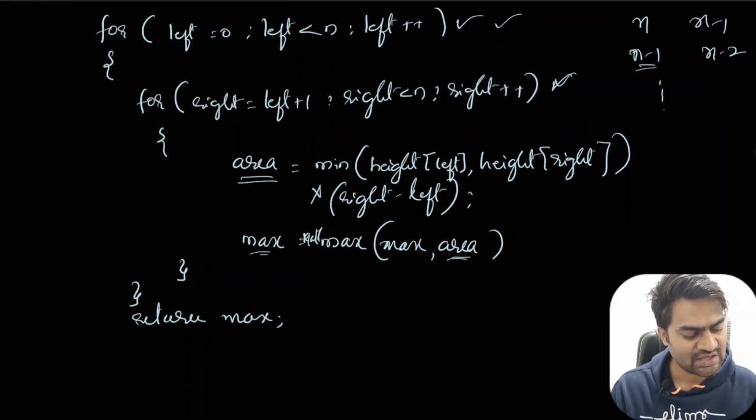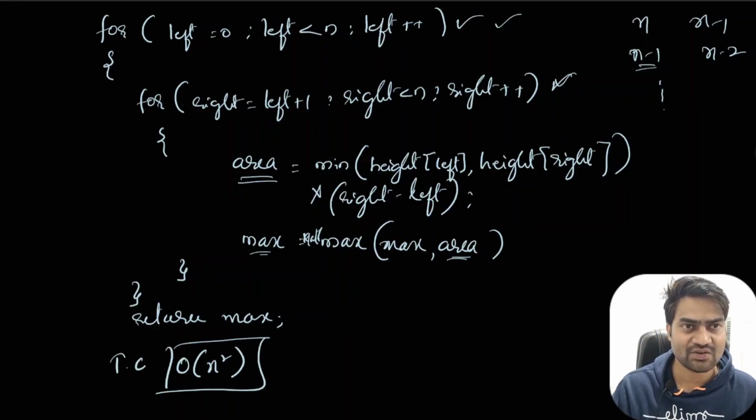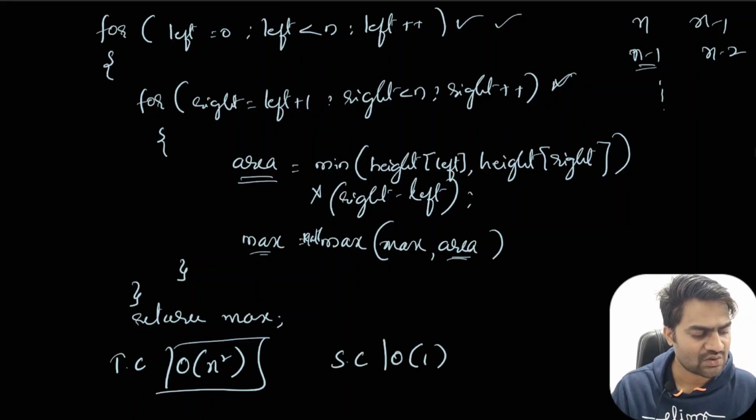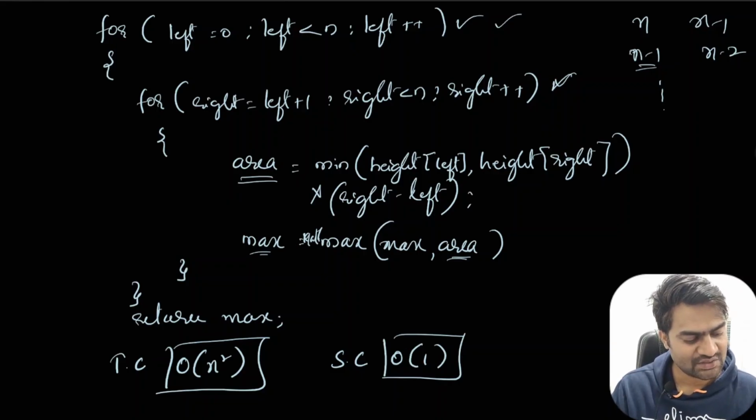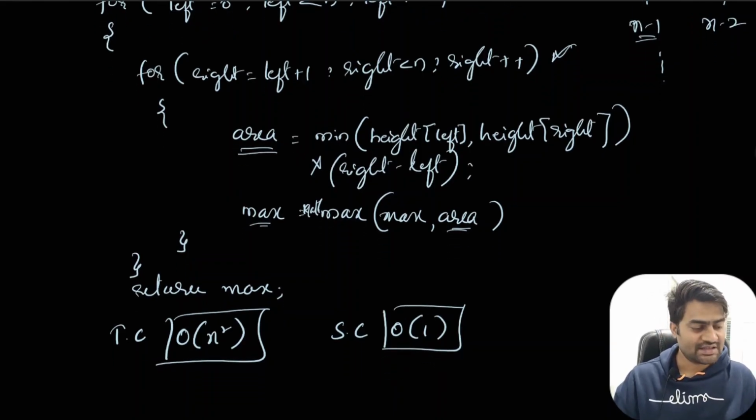So the time complexity is of order n square, and space complexity is constant space. Basically, we are not using anything extra. So this is the extreme brute force solution for this particular problem.